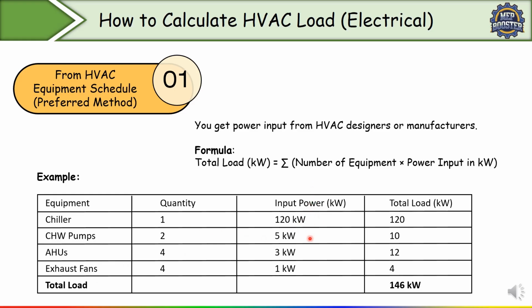Each input power is given here. So easily you can calculate the total load, 146 kilowatt. This you can easily get from the equipment schedule. If you want the detailed input power of the chiller, you will get it from the HVAC designer or from the manufacturer. They will provide it.